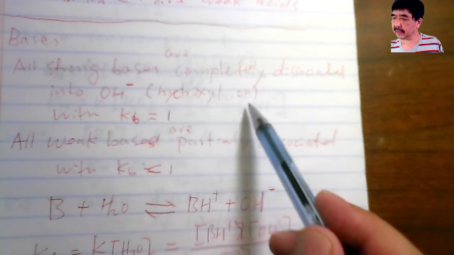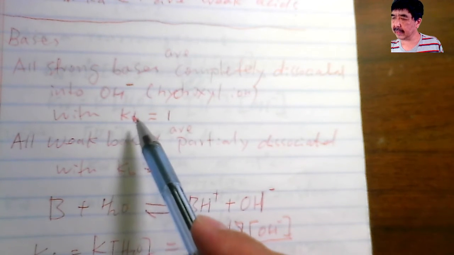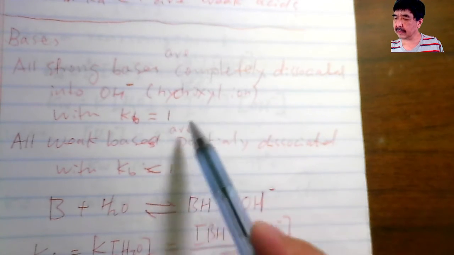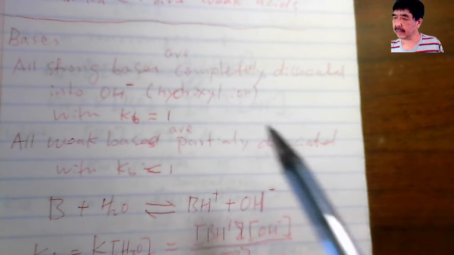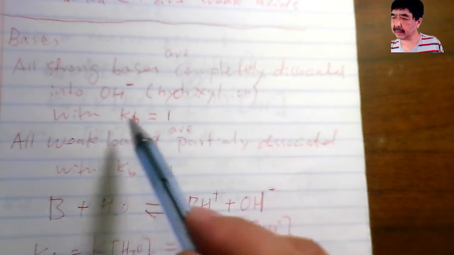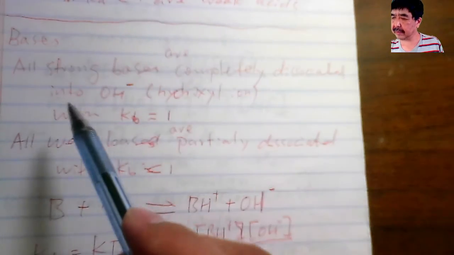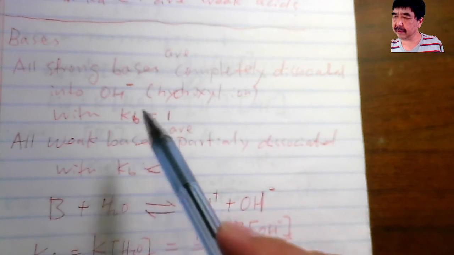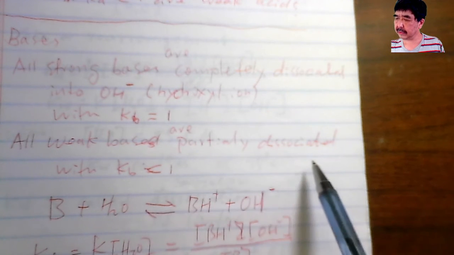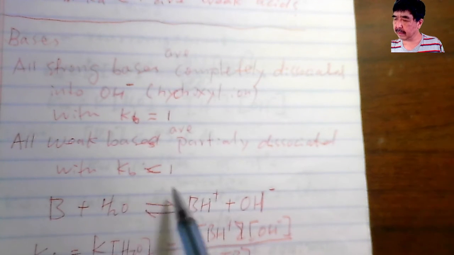The hydroxide ion has a Kb value, which is equivalent to Ka for weak acids. The Kb value for hydroxide ion is 1. Because all the strong bases completely dissociate into hydroxide ions, they all have the same Kb value of 1. Weak bases are partially dissociated, so all the weak bases have a Kb value smaller than 1.